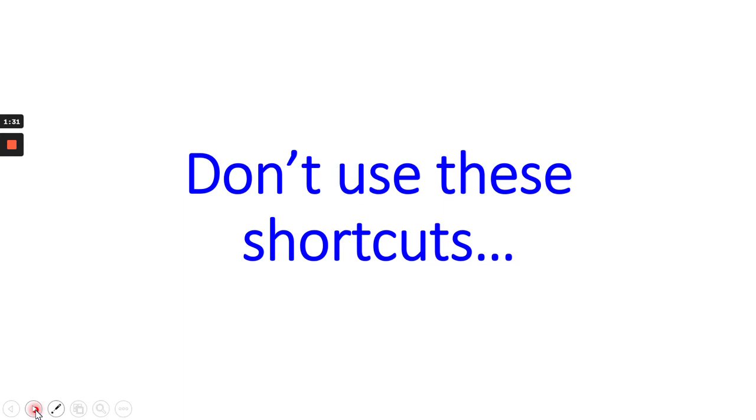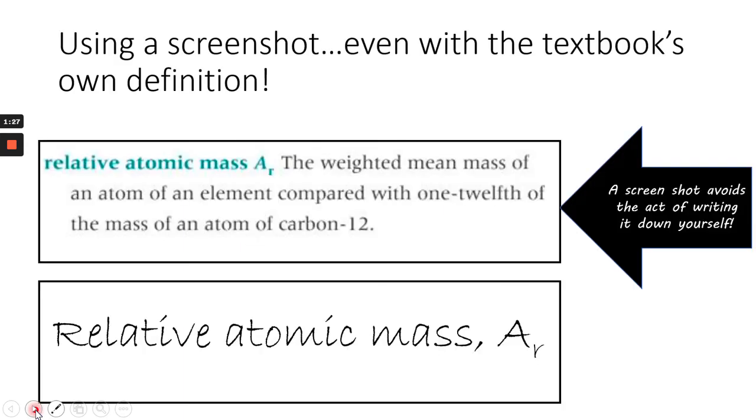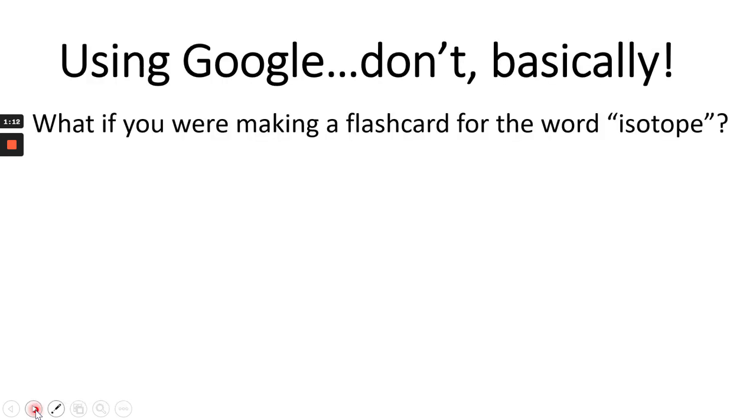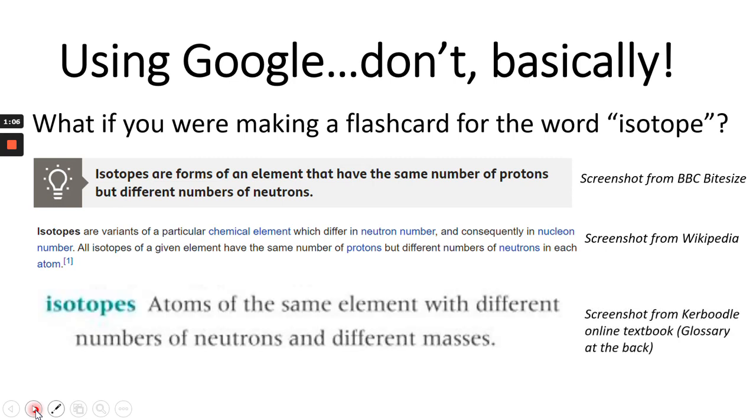There's some shortcuts to avoid. So don't use screenshots, because unfortunately that doesn't allow you to as effectively connect what's in the definition with what you need to remember. If you write it down first and then learn from that, that's much more effective in terms of your recall. Google is not advisable, not that there's anything particularly wrong with it, but we don't know whether it's too simple or too complicated just by looking at the links.